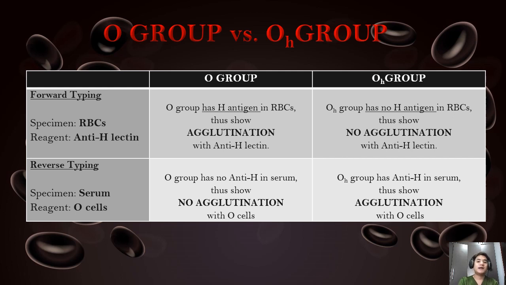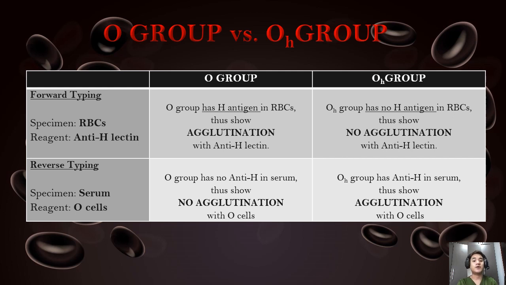On the other hand, in an individual of Bombay phenotype, the H gene is inherited as an autosomal recessive and does not have the ability to produce any antigens, which exactly means that he lacks expression of its antigen. Therefore, a Bombay phenotype does not demonstrate an agglutination reaction in your forward grouping.